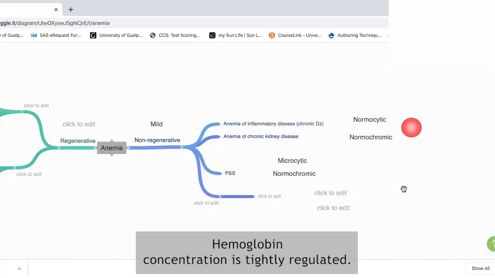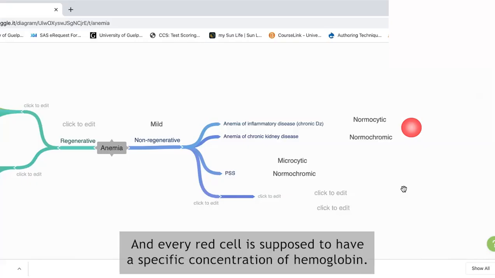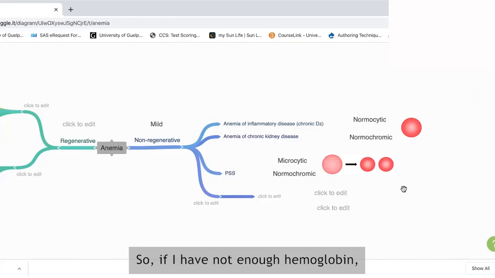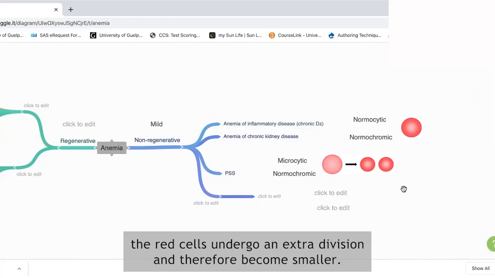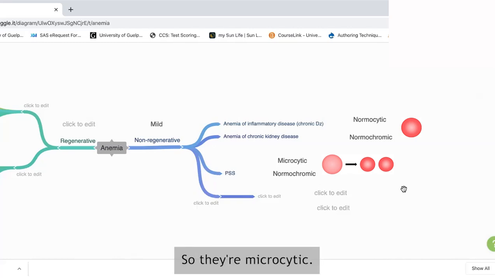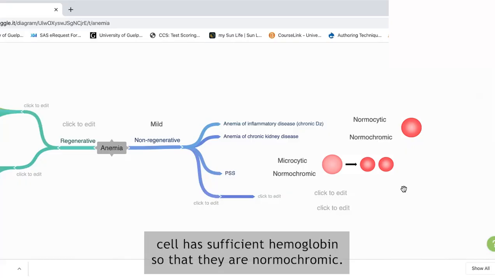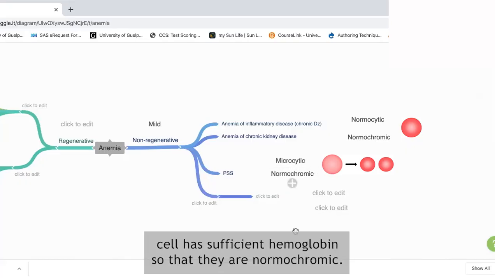Hemoglobin concentration is tightly regulated, and every red cell is supposed to have a specific concentration of hemoglobin. So if I have not enough hemoglobin, the red cells undergo an extra division and therefore become smaller. So they're microcytic, and that smaller red blood cell has sufficient hemoglobin so that they are normochromic.